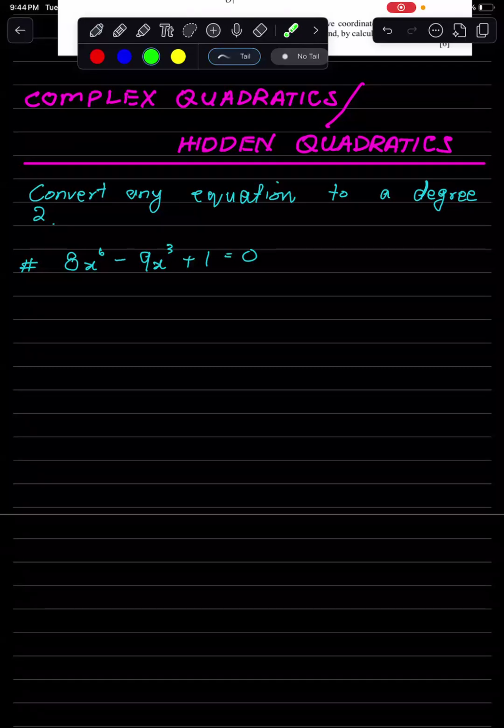So what we do, we have to see the power of x. The major thing here in complex quadratics, you will see that the first power and the power immediately coming after it are always multiples of each other, right? 6 and 3. 6 is a multiple of 3, like 3 times 2 is actually 6.